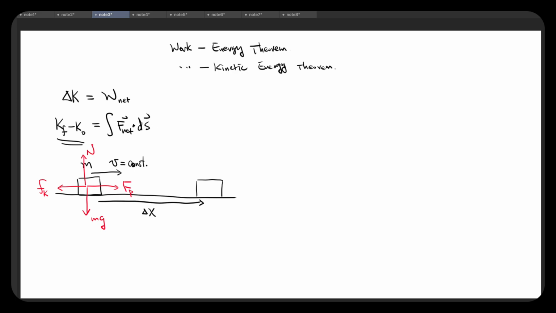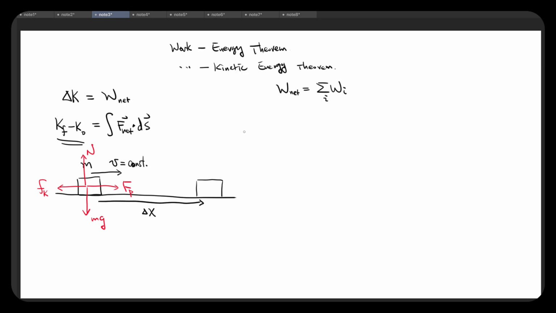The net work, its definition is the summation of all the work done on a system. So we can calculate all these works and then sum them up. Then that will give us the net work. Okay, so that's one idea.